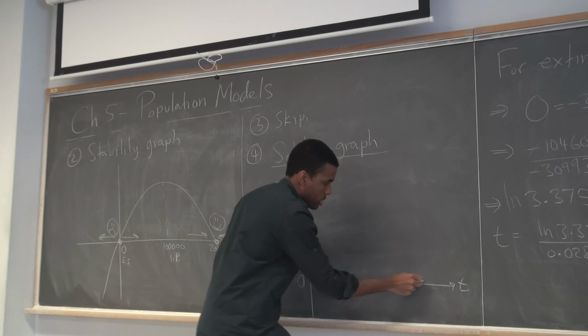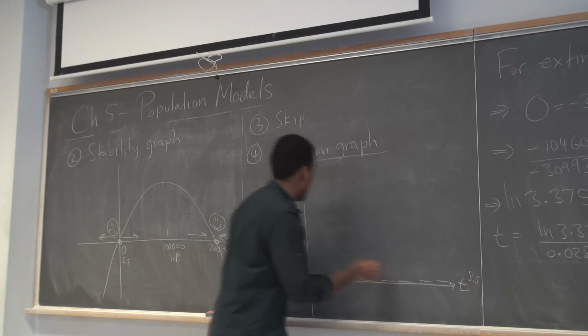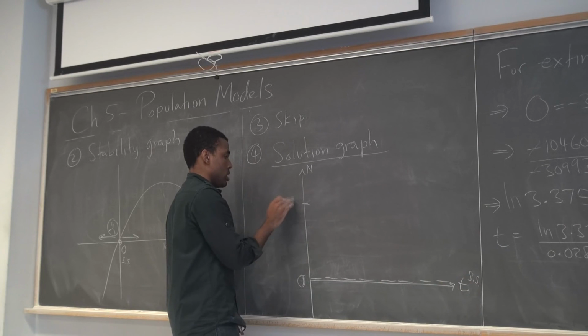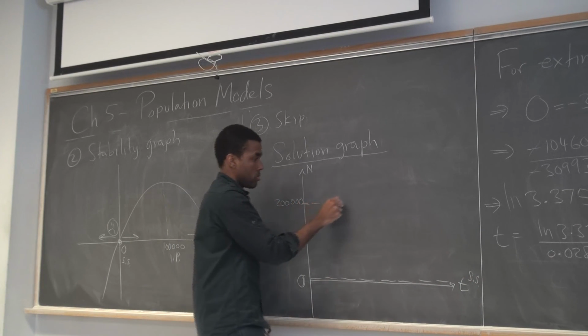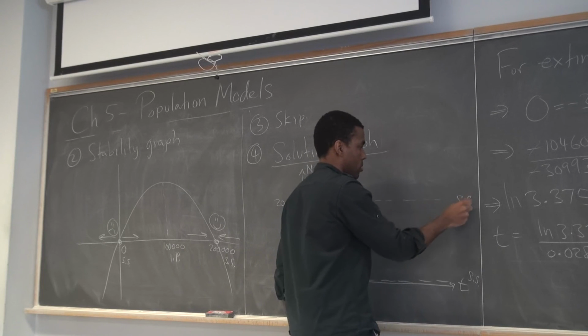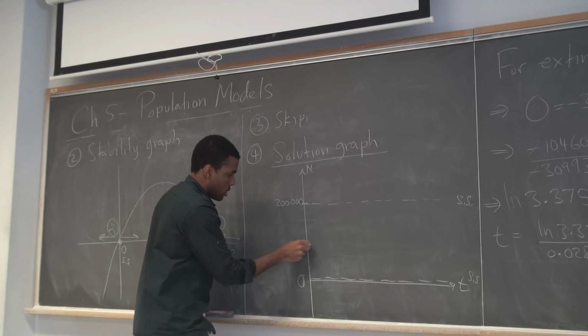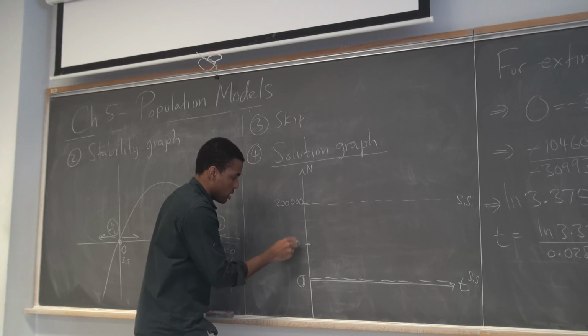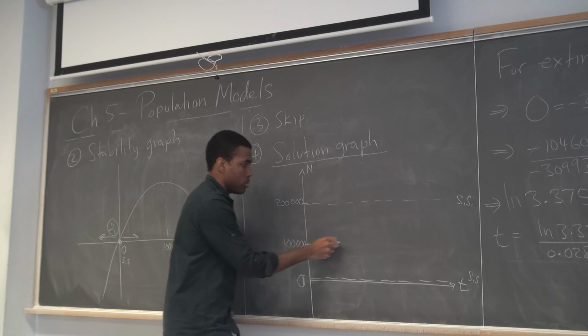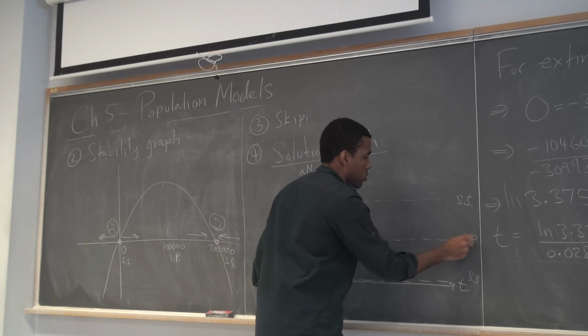0 is a steady state. The other steady state is 200,000. Inflection point is 100,000.